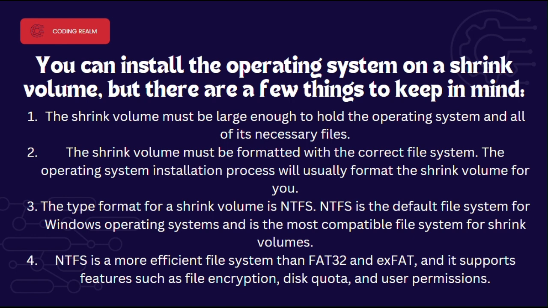To shrink a volume, you need to right-click on the volume you want to shrink and select Shrink Volume. Then enter the amount of space you want to shrink the volume by and click on Shrink.